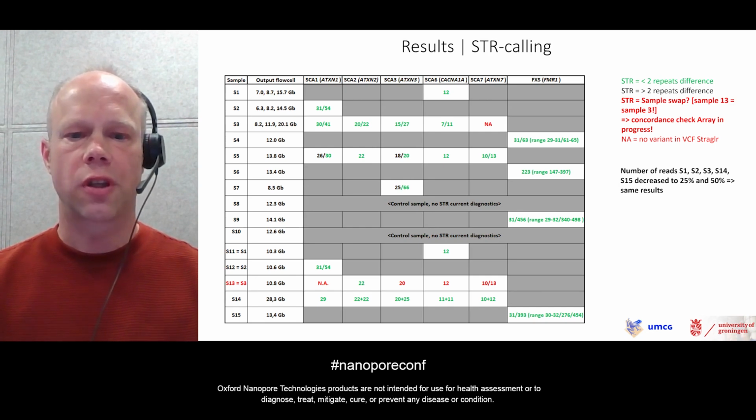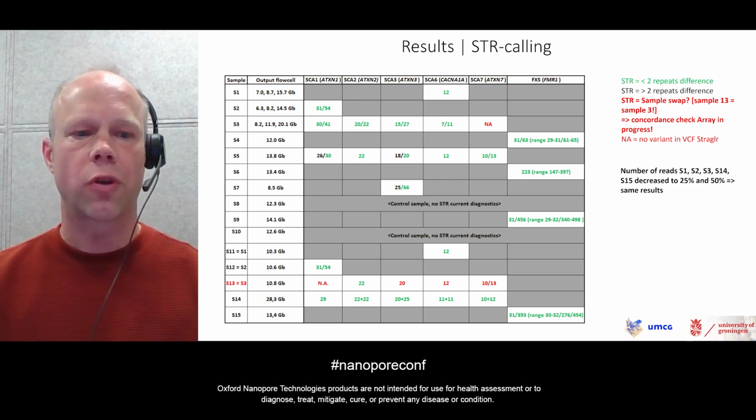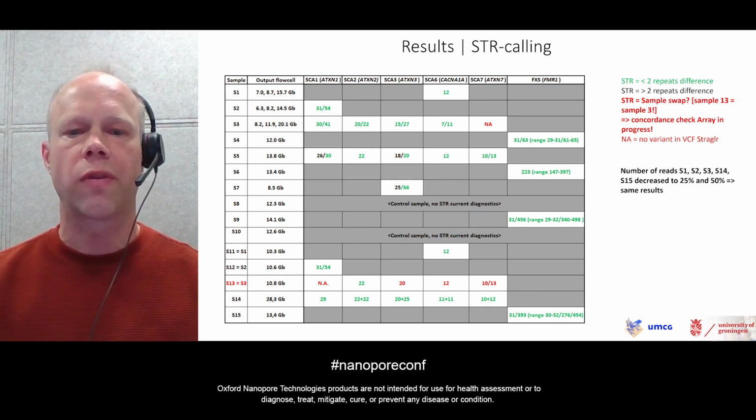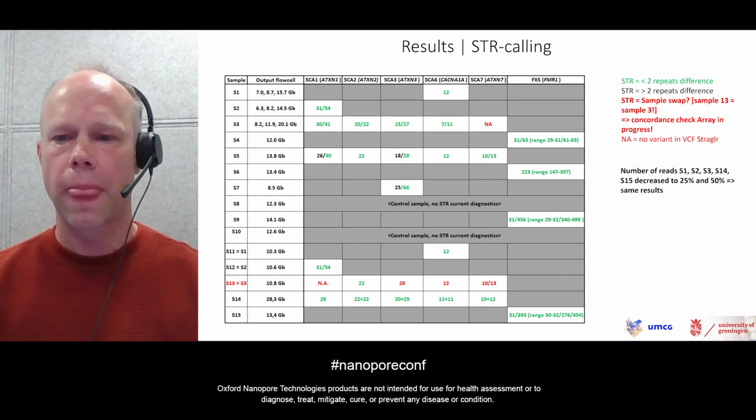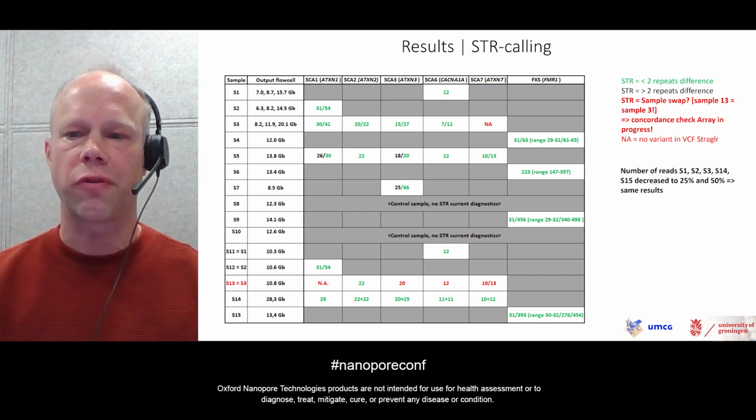Two times you see it in red, there was no variant measured in the Straggler catalog, and about sample 13 we are not sure, because it should be the same sample as sample 3, but the expansions are different, and the expansions are also different compared with the current methods. So we need to do an array concordance check to be sure of sample 13. And we reach the same results with 25% of the reads and 50% of the reads.